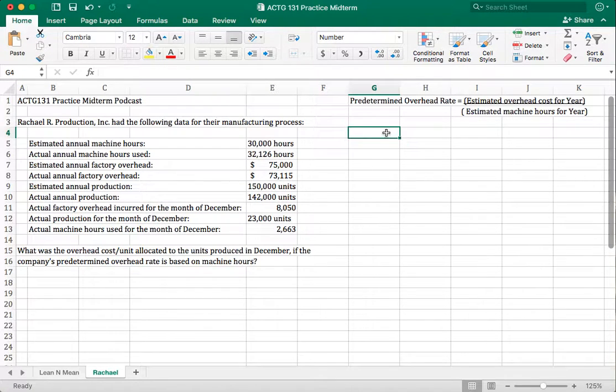Let's calculate it. I'm going to show you what it looks like first. So we have $75,000, and we need to divide that by the 30,000 annual machine hours. That's what's estimated.